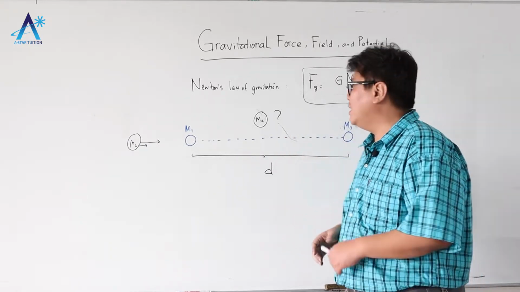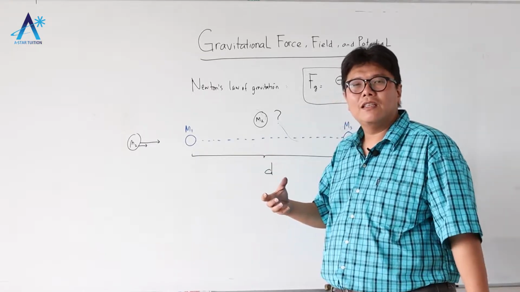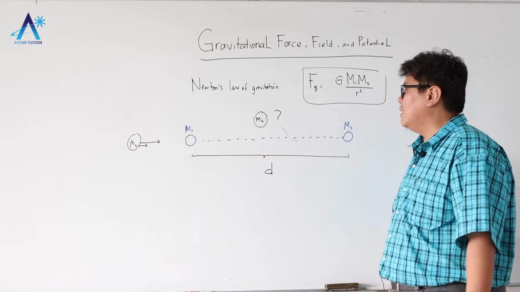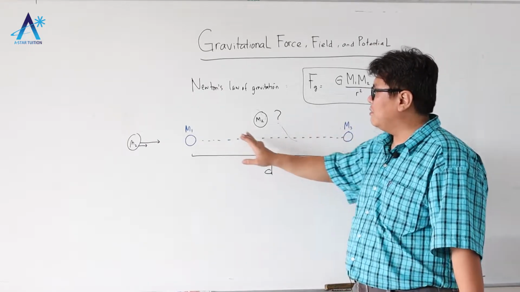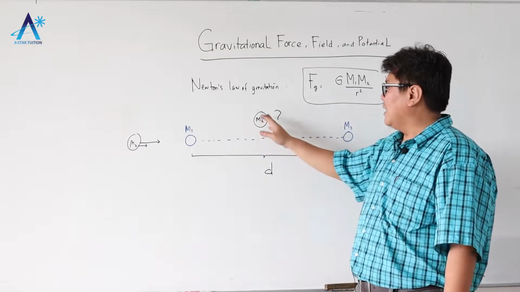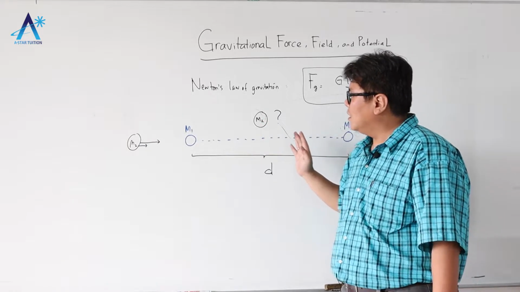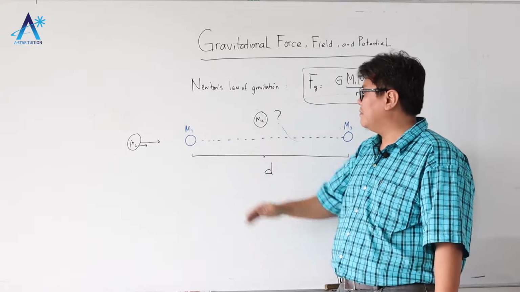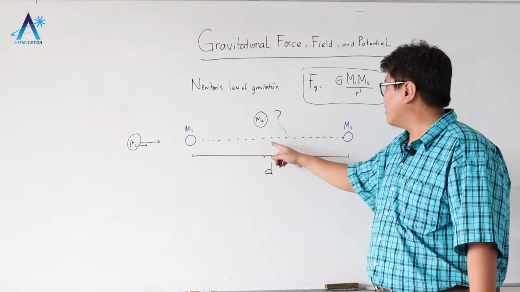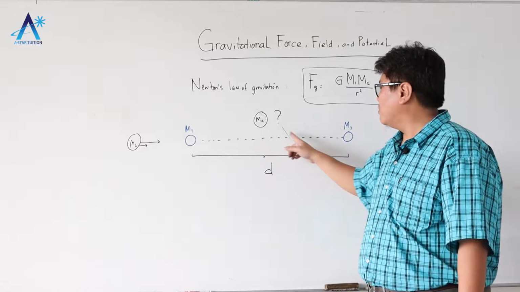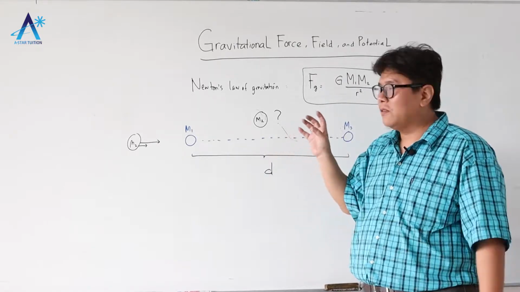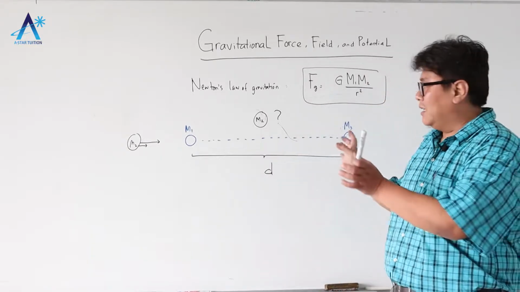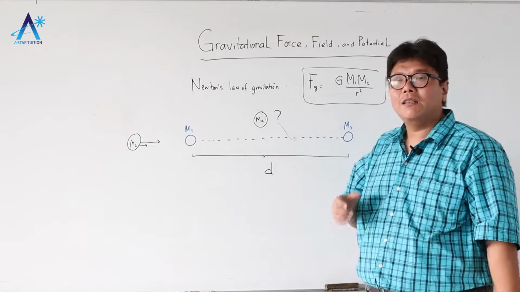Now, the only way that they cancel is if the amount of the force itself is equal. What I mean is this: if you put m2 in between m1 and m3, m2 will be attracted to m1, and the direction of the pull is to the left, and also be attracted to m3, directed to the right. In order for the gravitational force to be 0, these forces must be equal in magnitude.